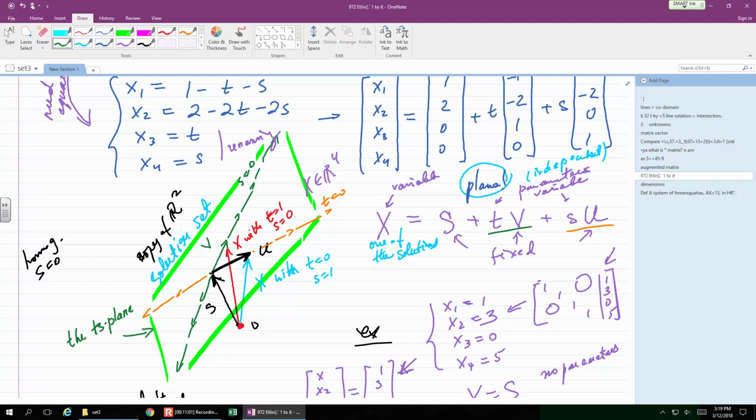Okay. The one thing also long term important to observe is the relation between these two lines. These two lines serve like the two axes of our plane, right? But what is the angle between them?